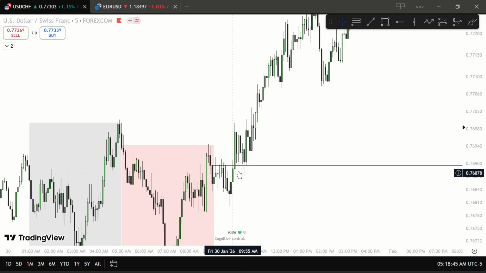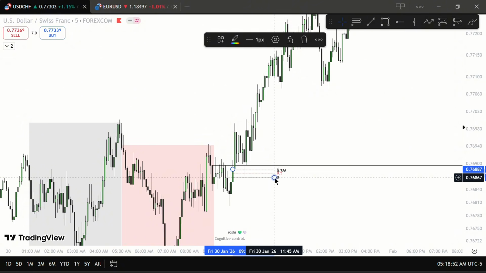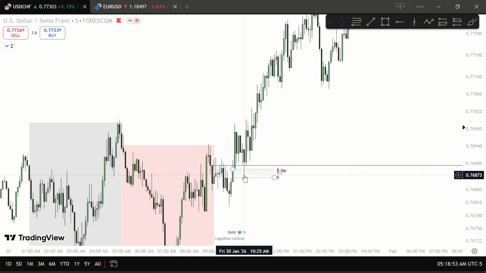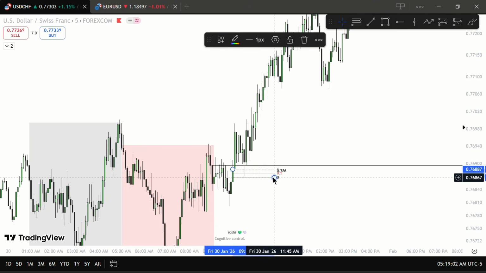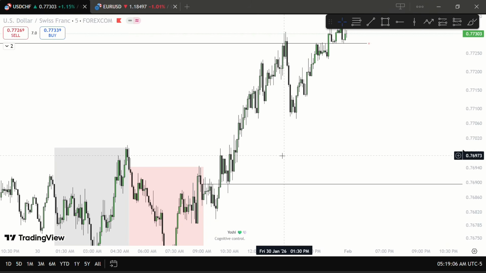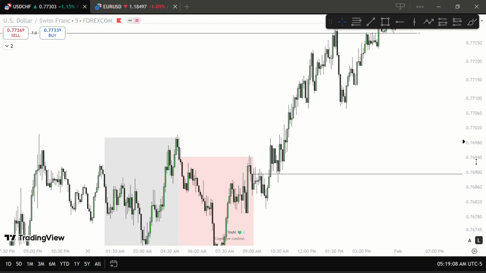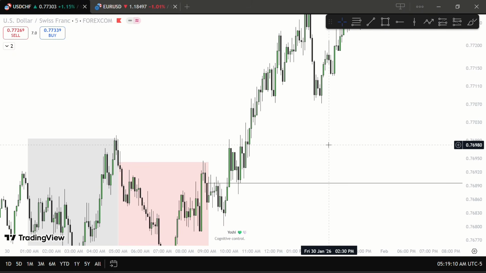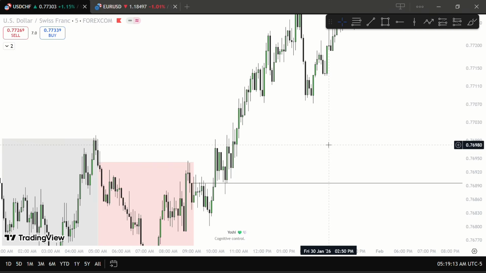So my entry will be right at the mean threshold of this, right here. Then my stop loss will be placed below this low, then expecting higher prices. So that's basically how trading candle number 3 works, or basically how you can trade candle number 3.